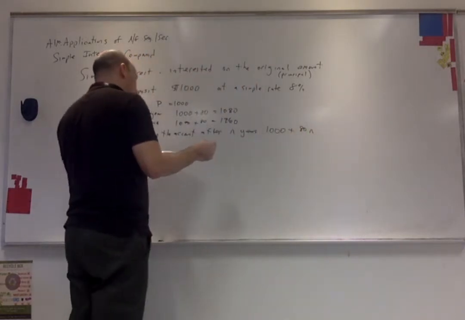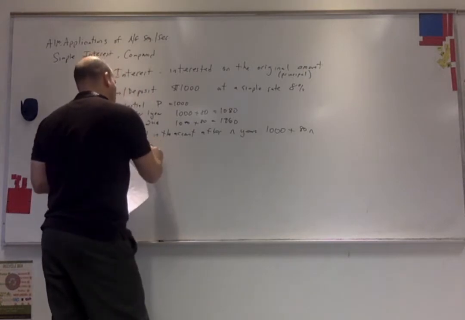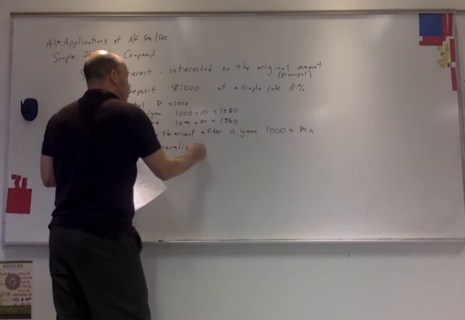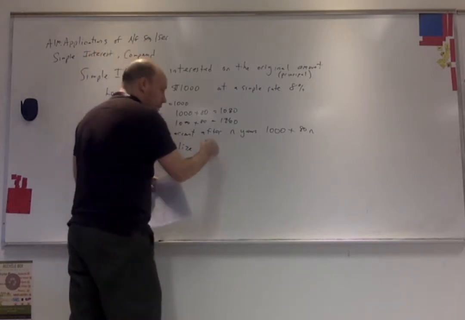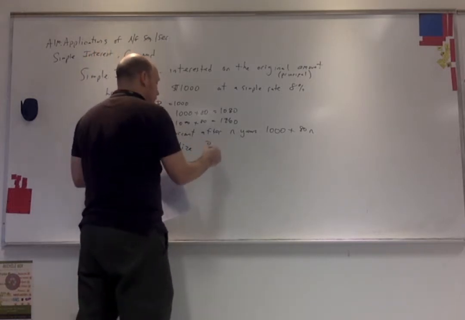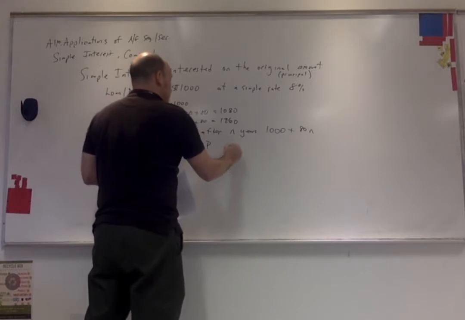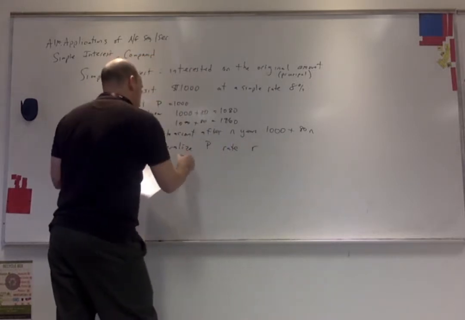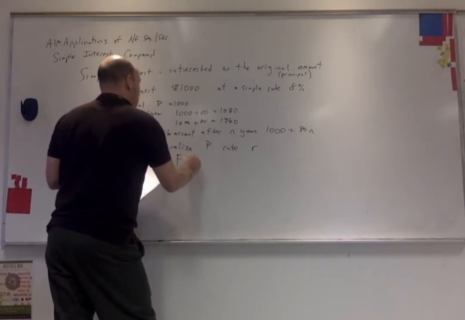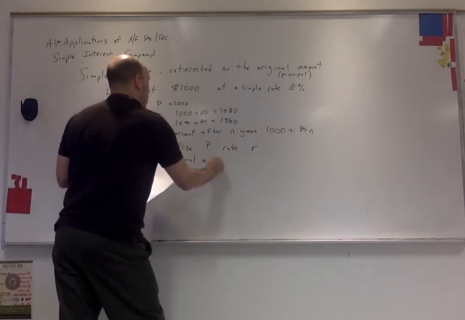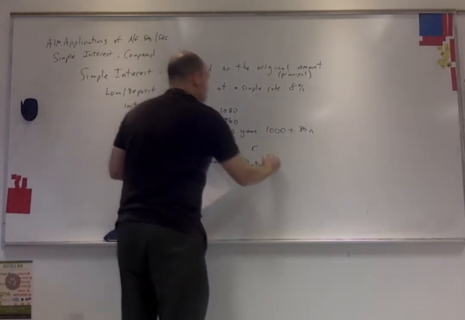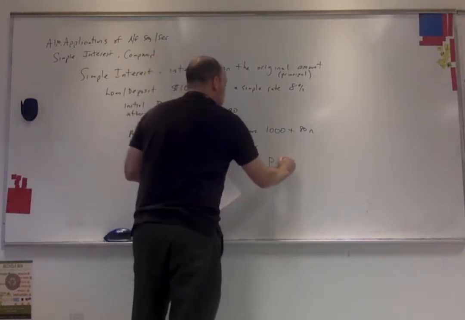But let's generalize it for a formula. If the initial amount is P, and the rate is R, what do we have here? The final amount is P plus P times the rate times n.